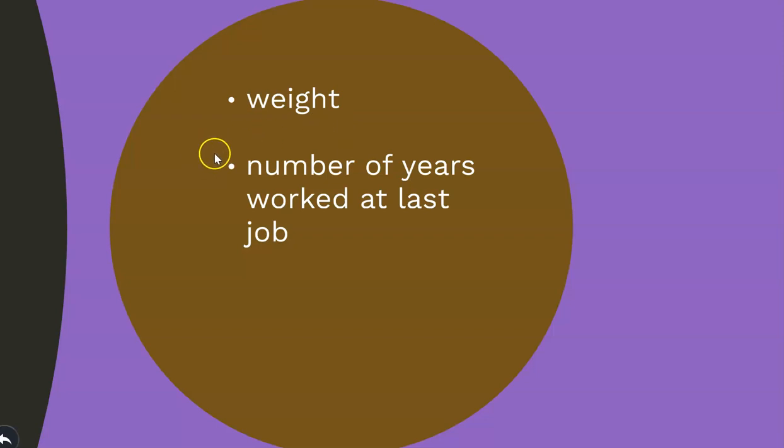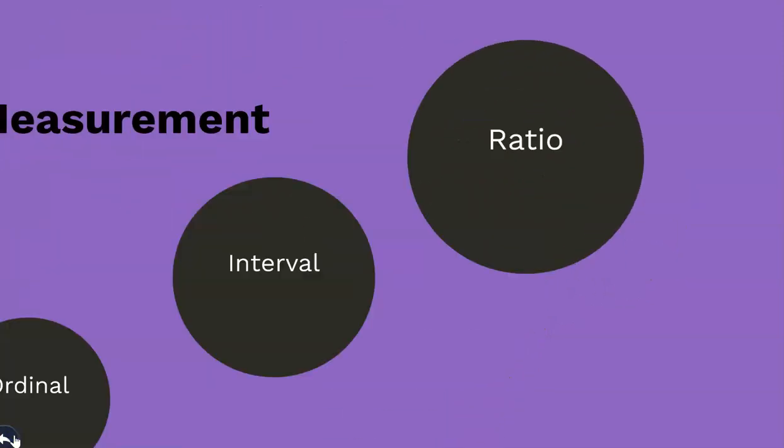Another example is the number of years you worked at your last job. Notice the difference between this example and the example we had in interval data. If I worked 0 years at my last job, then I didn't work at my last job. 0 years truly does mean none, different from the example we talked about under interval data.